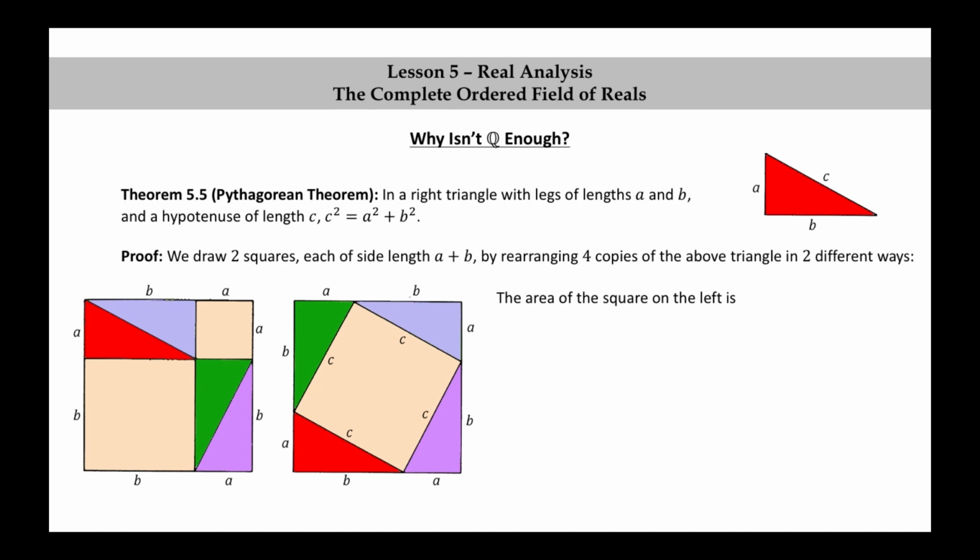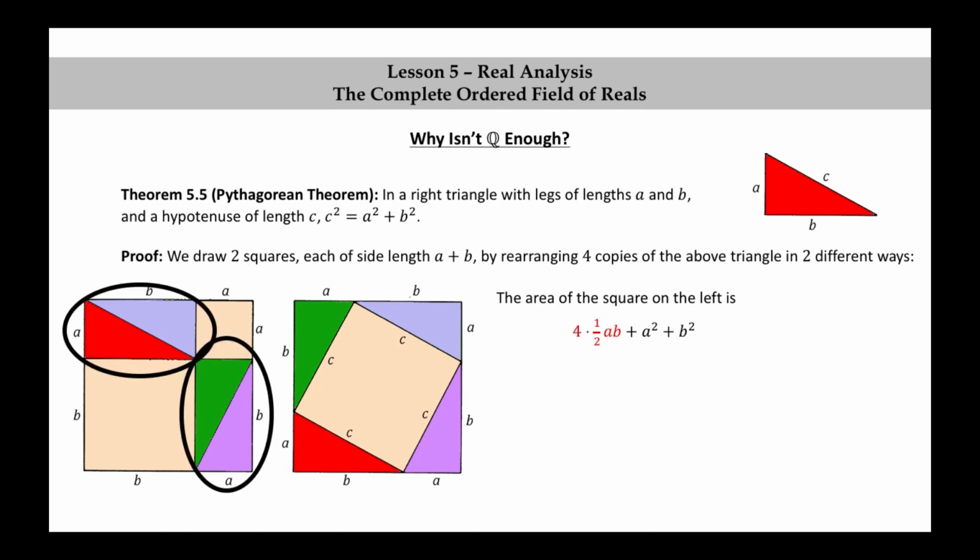Now we can compute the areas of each of these squares by adding up the areas of all the figures making up each of the squares. So the area of the square on the left is 4 times 1/2 AB plus A squared plus B squared. To see this, note that each of these triangles has area 1/2 AB, and there are 4 of them.